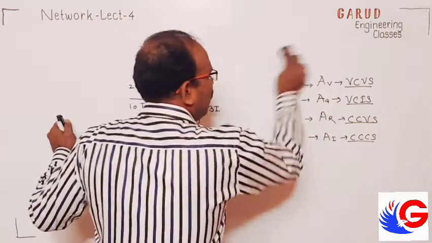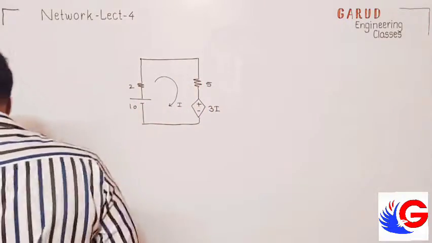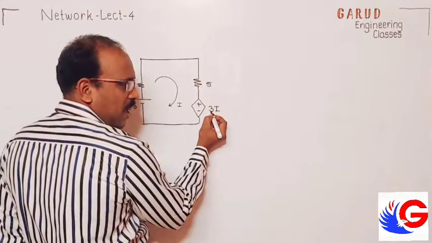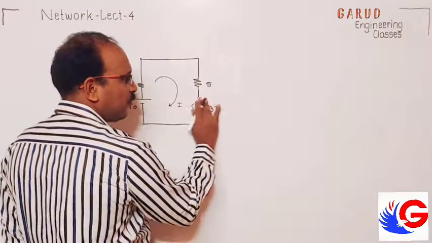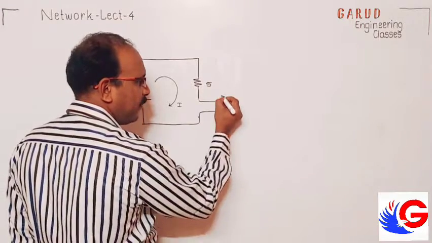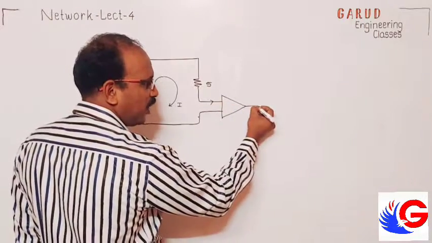This dependent amplifier, I want to connect in my circuit. Here I want to present a voltage source, but it will amplify the current. So I connect here a current amplifier, and the output should be voltage.